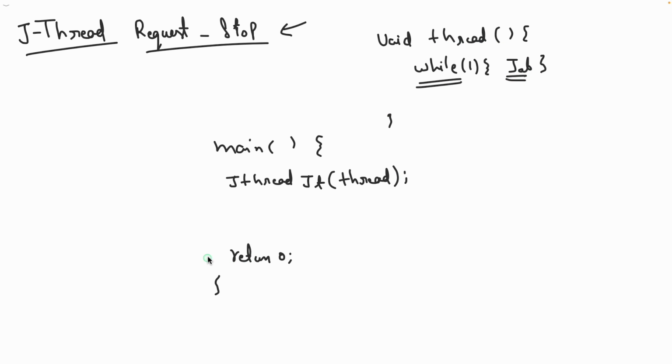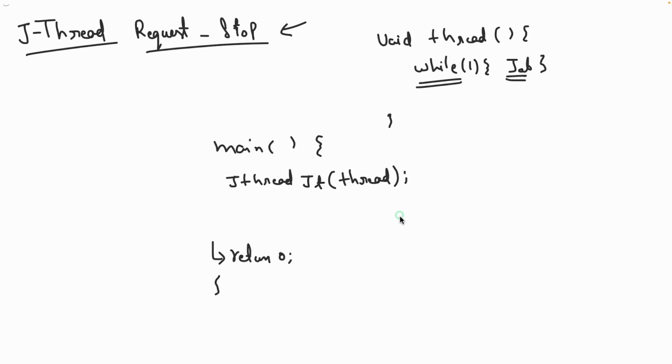Now the moment you hit this return 0 in the jthread case, we all know that it automatically tries to call join, because this jthread jt object will get destructed, and in the destructor it will call join. But wait a minute, there is one more function before join, which is request stop.